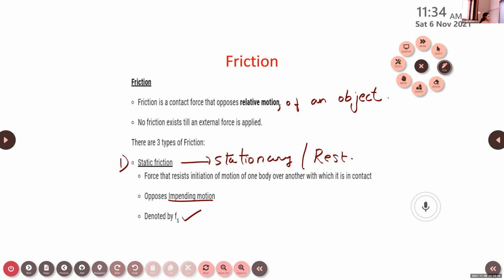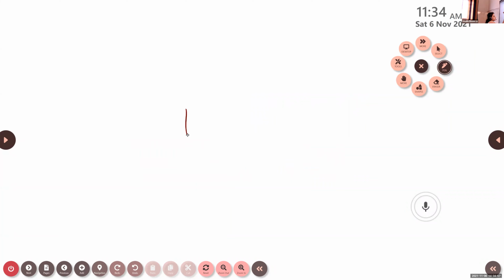So students, suppose we consider an object with a mass m. Let F be an external force acting on this object, which is at a state of rest. Then what happens?